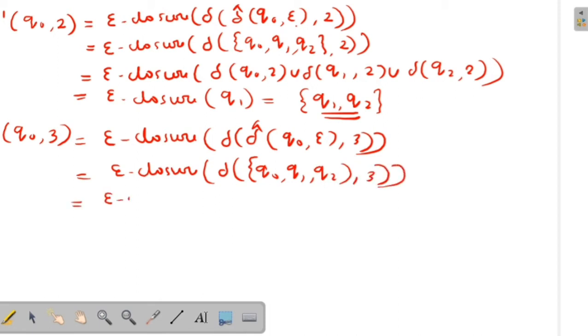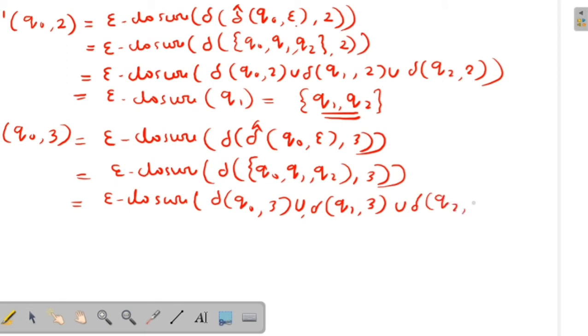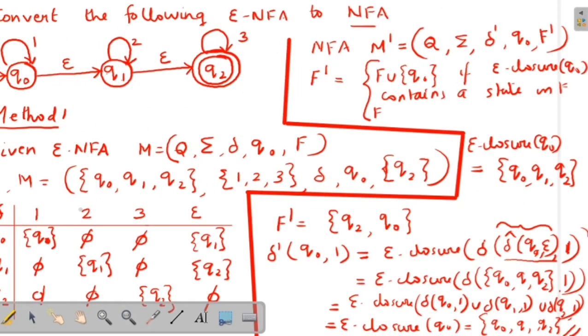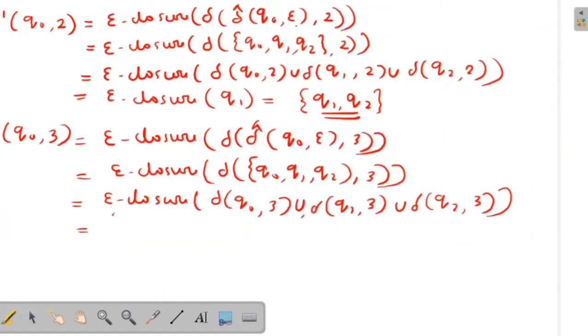That is equal to epsilon closure of delta of Q0 comma 3 union delta of Q1 comma 3 union delta of Q2 comma 3. Okay, so from the transition diagram, Q0 comma 3 is null set, Q1 comma 3 is null set, Q2 comma 3 is Q2. That is equal to epsilon closure of Q2, and epsilon closure of Q2 is Q2 itself, right?